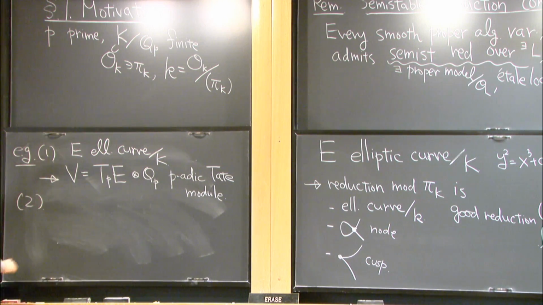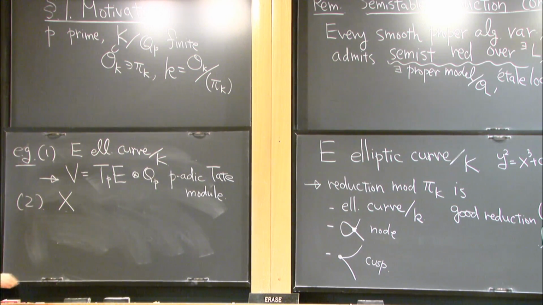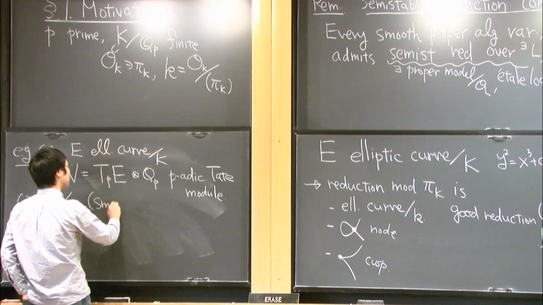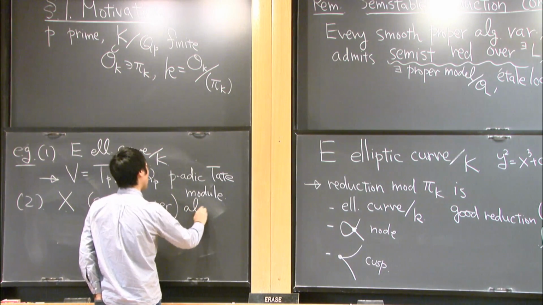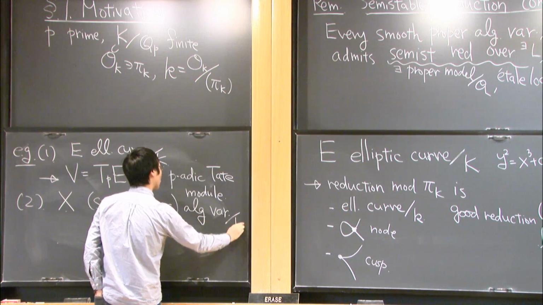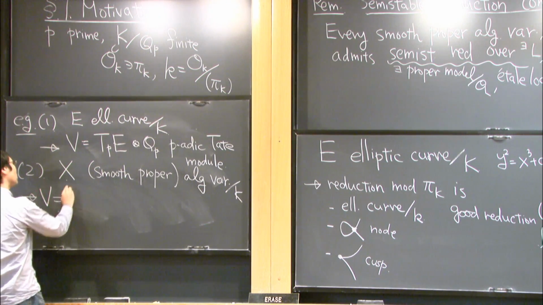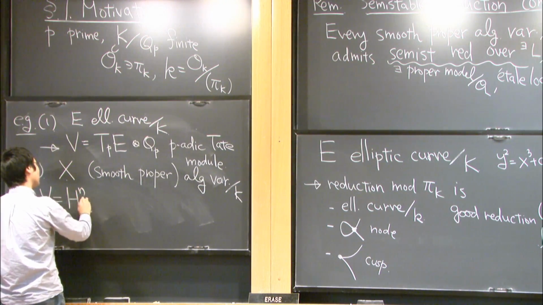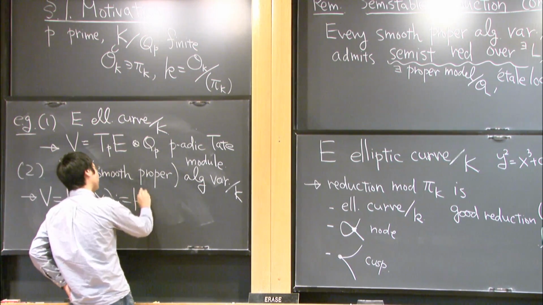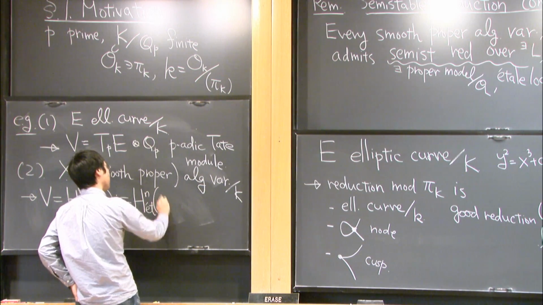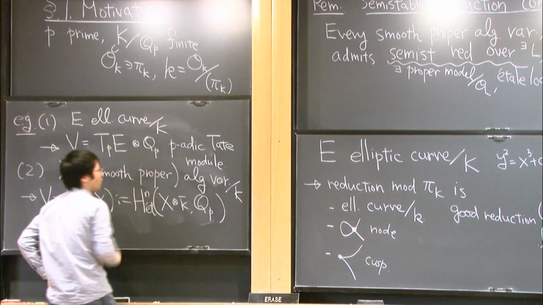And then you can do a more general thing. Namely, if you start with an algebraic variety, maybe for simplicity, let's say smooth and proper, then you can take étale cohomology of this object. Maybe this is my simplified notation: you base change your variety to K bar, and then take Q_p coefficient étale cohomology.